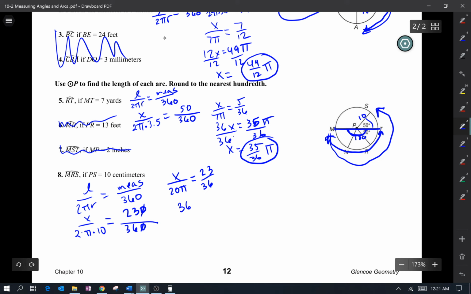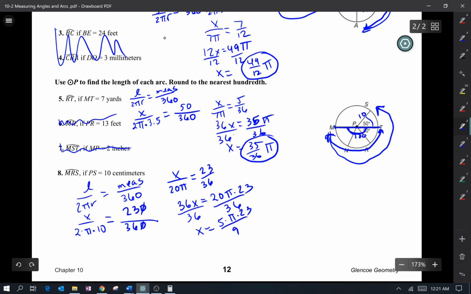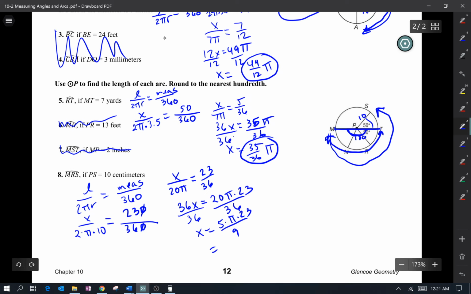So cross multiply, 36x is equal to 20 pi times 23. Divide both sides by 36. We get x equals, I would probably simplify that. I would divide them both by 4, and I'd get 5 times pi times 23 over 9. And I think that's going to be my final answer. What is 5 times 23? It's 115 pi over 9.